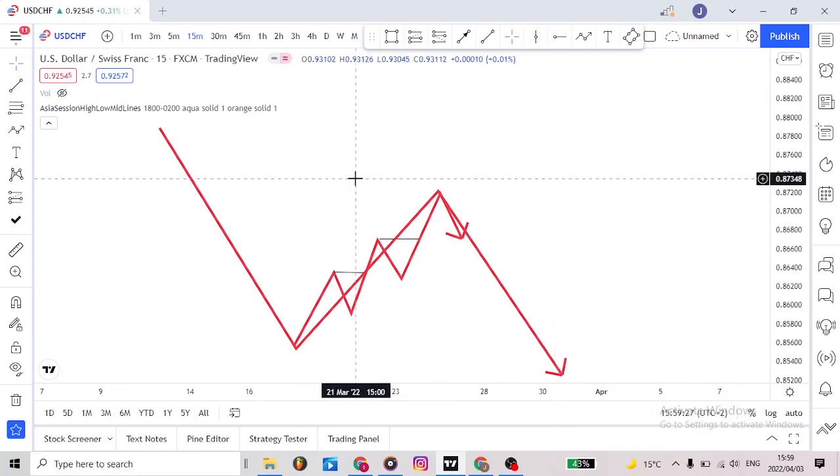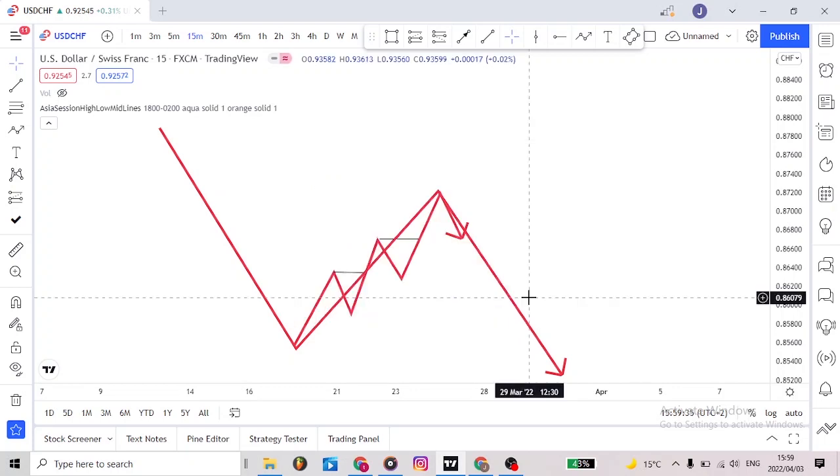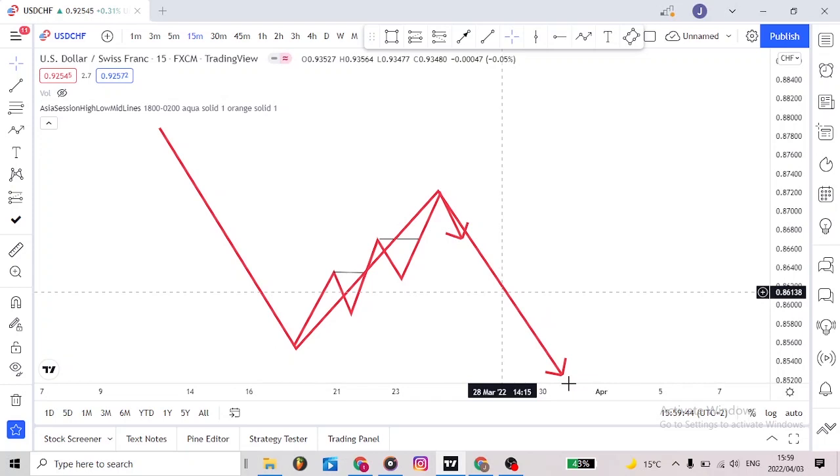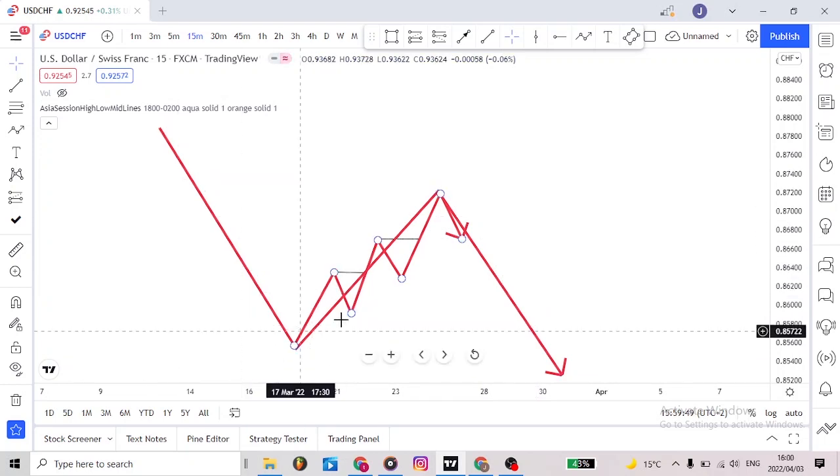So it's very important to know which trend you are within. Are you in an uptrend that is within an uptrend, or a downtrend within an uptrend? On this structure, on the higher time frame, the bigger time frame, we are trending downwards. On the smaller time frame, we are trending upward.